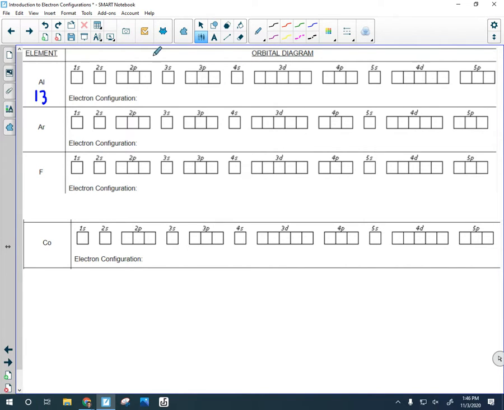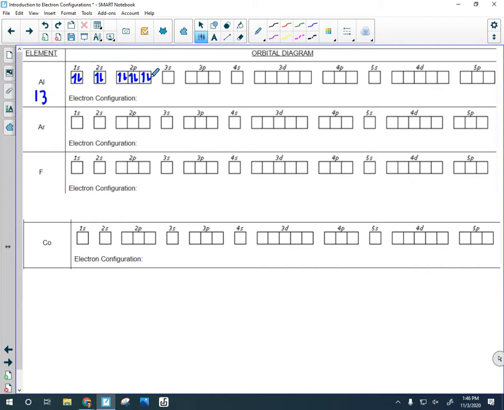And I'm just going to work my way from left to right like I was before. So we're going to have electron number 1 and 2, 3 and 4. And then 5, 6, and 7 go in as single electrons. And then 8, 9, and 10 will pair up.